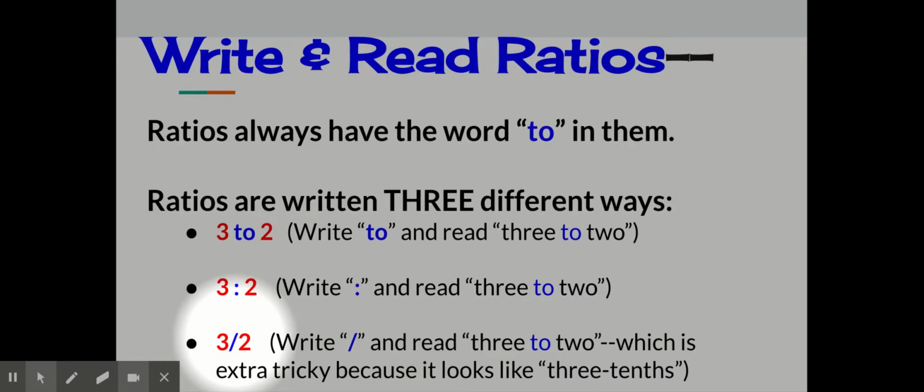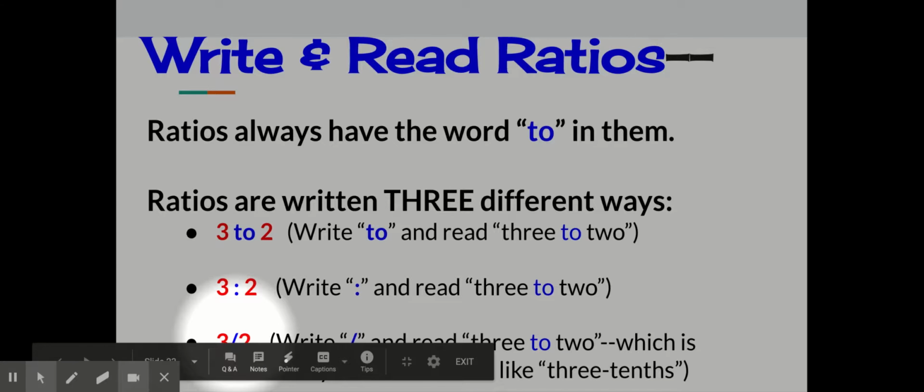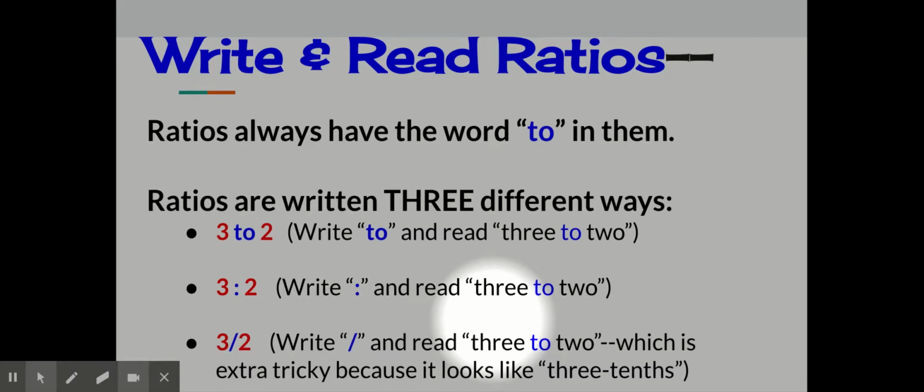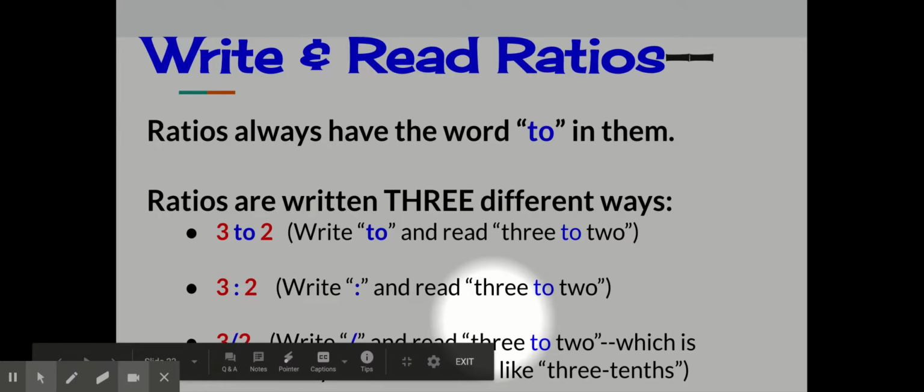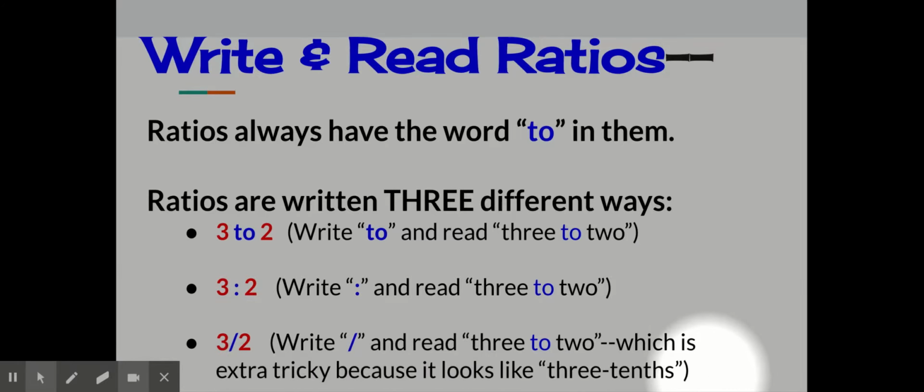But when we're learning about ratios, we can use that dividing bar, kind of the fraction bar, and write 3, the dividing bar, 2, and we still read it 3 to 2. That's extra tricky. Oh, I got a mistake in my slide. It's extra tricky because it looks like 3 halves. Now, sorry about that mistake there. It looks like 3 halves. It's not 3 halves, or maybe it is.